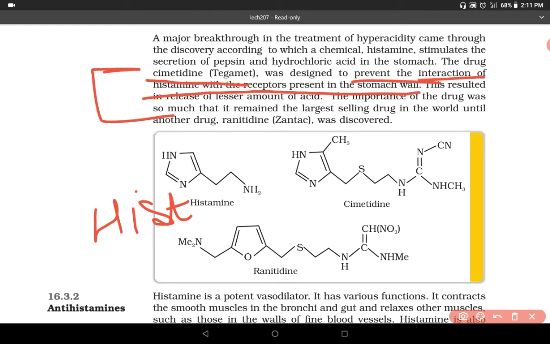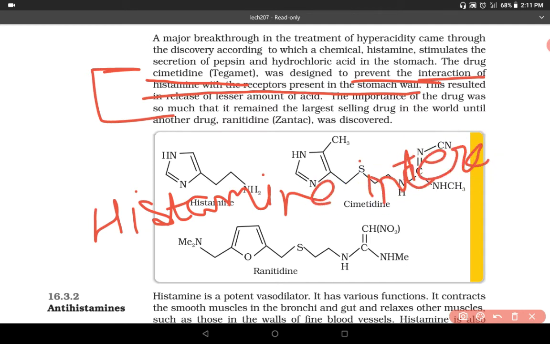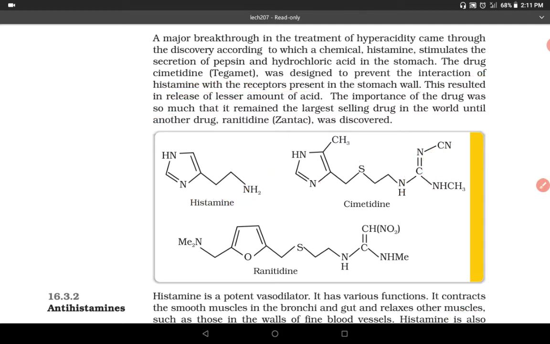So histamine cannot interact with the stomach wall to secrete more HCl and pepsin. This is what is happening. So the hydrochloric acid release and pepsin drastically decrease, and our body becomes homeostatic.